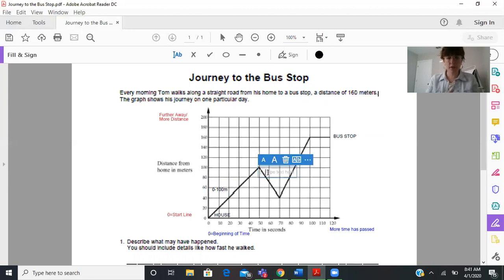And then from here to here, he walks from 100 meters back down to 40 meters. So he gets closer to his house. Does that make sense? From here to here, he's moving up in distance, further away. And from here to here, he is going down in distance.